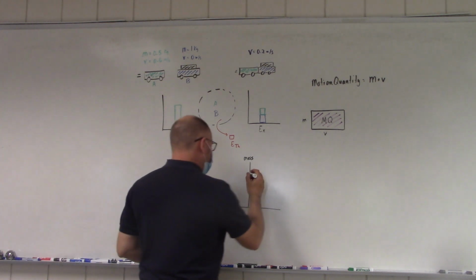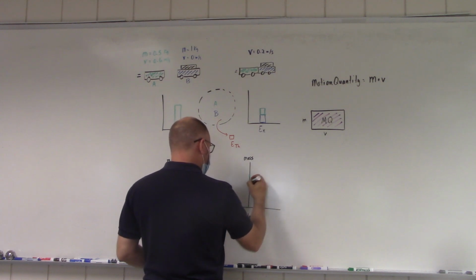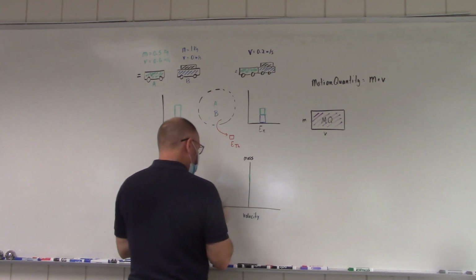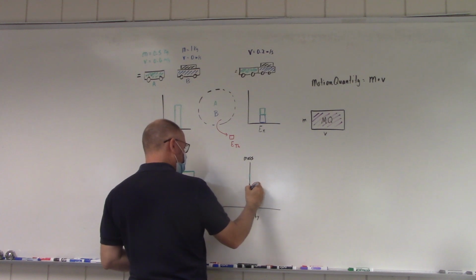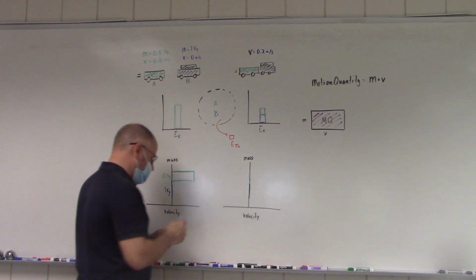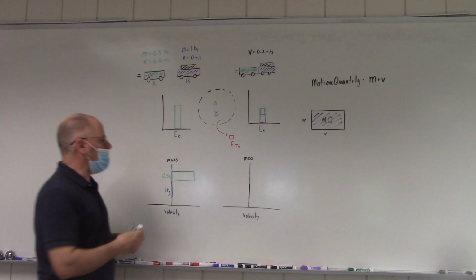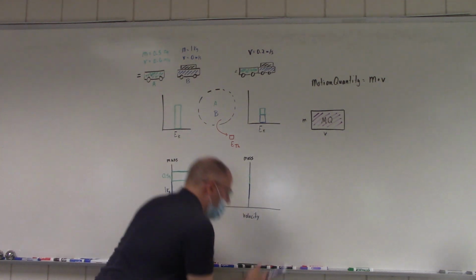I still have my same masses, so here's my half kilogram. Here's my full kilogram. Again, twice as big. And what do we know? Now they're moving at 0.2 meters per second.